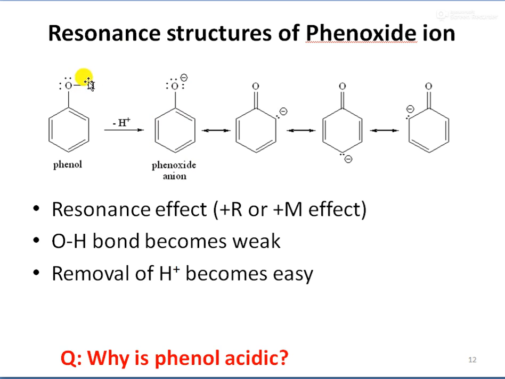When this hydrogen is more electropositive, other molecules can form stronger hydrogen bonds with it. As a result, the hydrogen bonding in phenol will be highly strong when compared to alcohols.